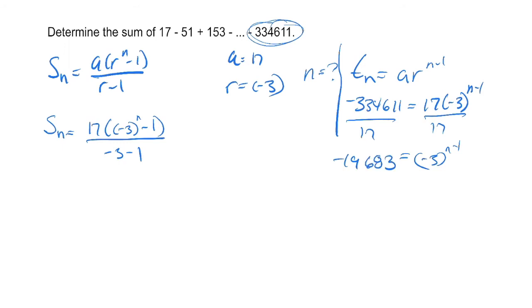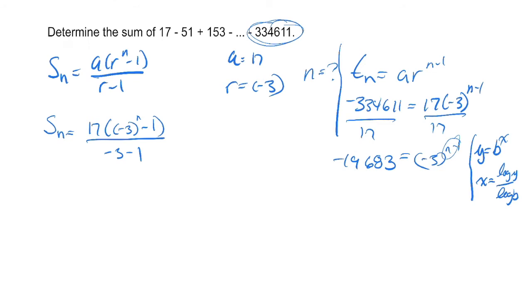Now we have to solve for the exponent, so we go back to our lesson on exponents, and in this case logs. We remember that if y is equal to b to the power of x, and we want to solve for x, in other words find the exponent, we take the log of our answer, log of y, over log of my base.